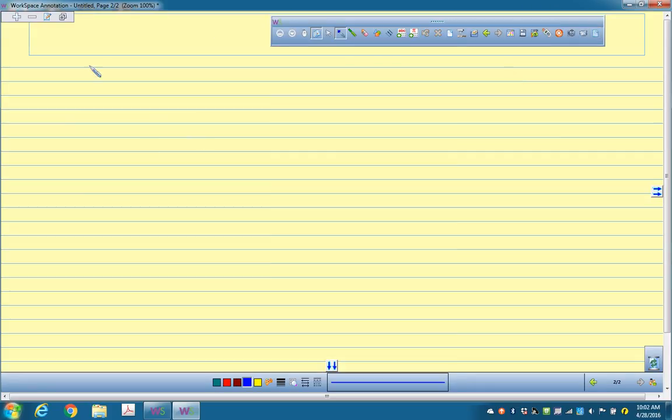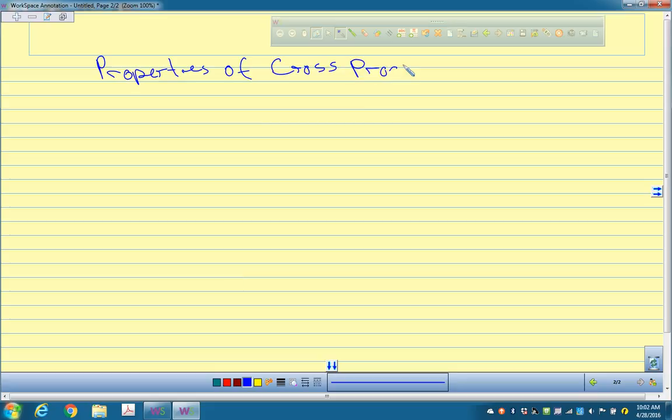Okay? So, moving right along, properties of cross product. Unlike a dot product, a cross product gives you back a vector. A dot product gives you back a number, a scalar quantity. So, some properties.